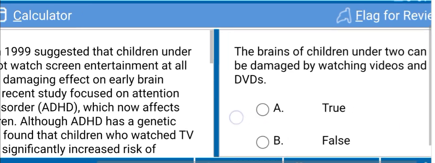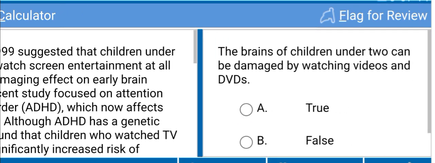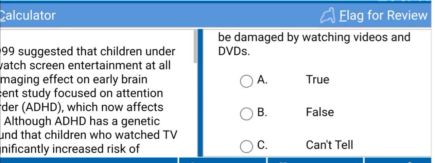The brains of children under 2 can be damaged by watching videos and DVDs. Option A, true. Option B, false. Option C, can't tell.